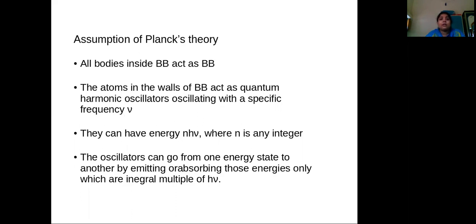So quantum harmonic oscillators of frequency nu can have only energy n h nu, where n is any integer. And these oscillators can go from one energy state to another by emitting or absorbing energies only which will be multiples of h nu, obviously. So this is the main thing.